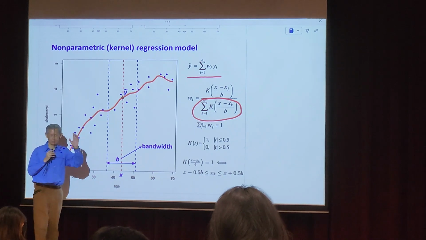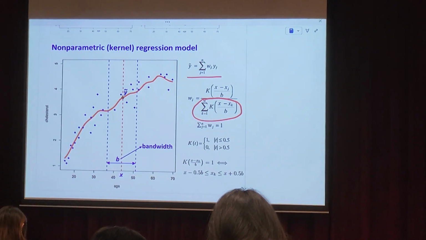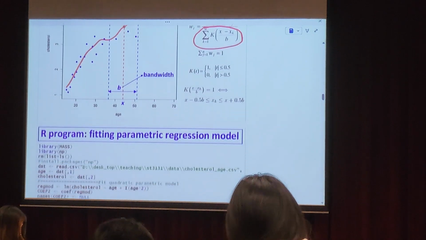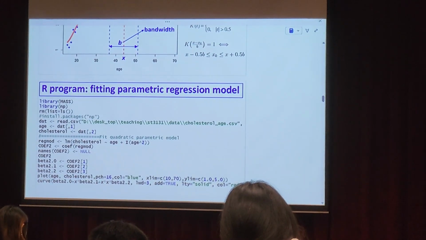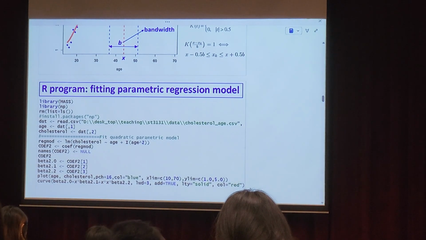Outside is 0. So that's a non-parametric regression. And how do you do it using R? You know, the theory is very beautiful. I actually quite like non-parametric regression. It follows the data. But it's useless if you don't know how to do it.